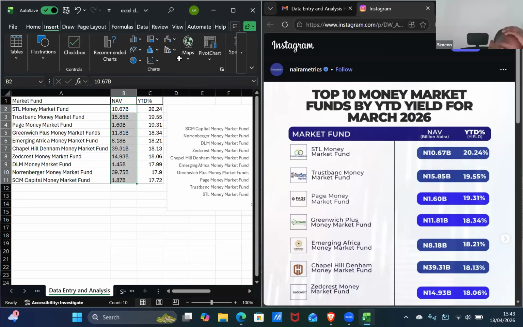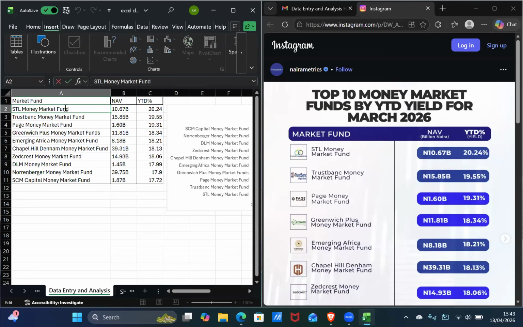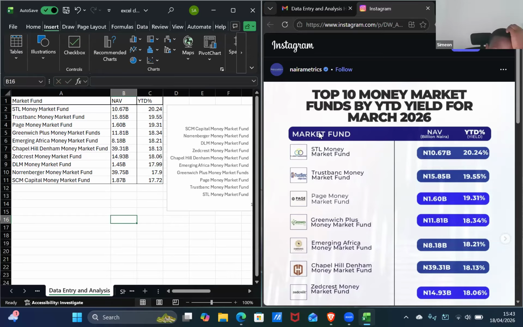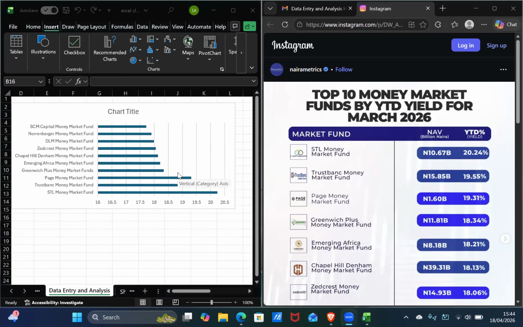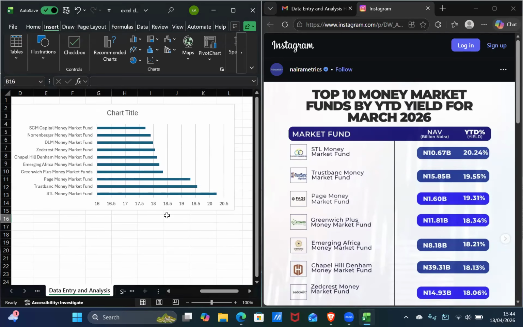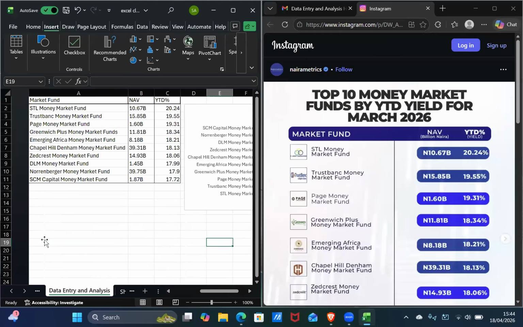Look, I remember I was doing 18, I was looking at STL money market, 18.4%, 2024. Okay, let me see the chart on it. I thought I sent you that one. What happened?